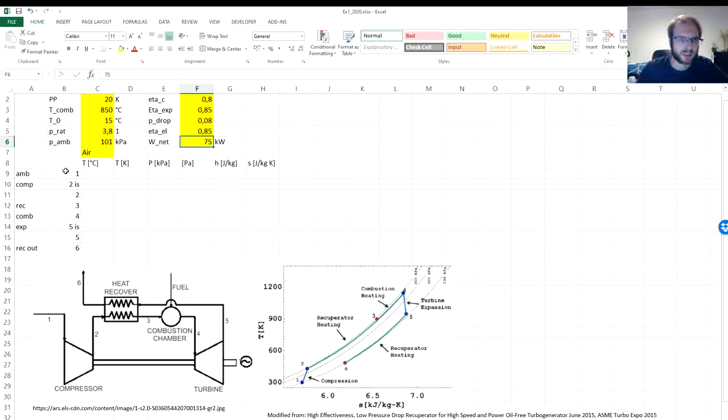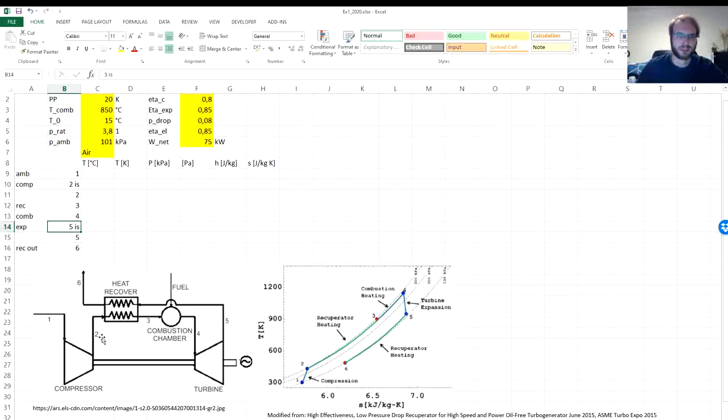So let's build a table where we will have one row for each node of the system, going from 1 to 6, but also additional nodes 2 and 5 with the notation IS as isentropic.